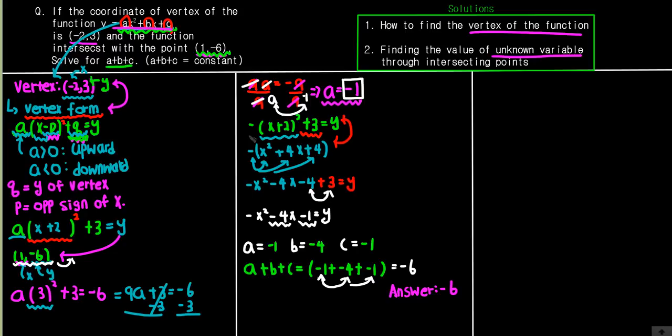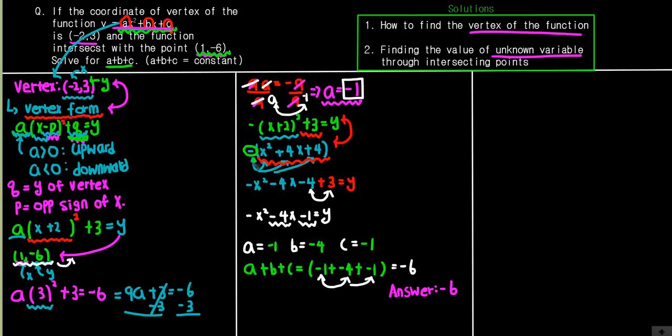And for the vertex form that we figured out, one thing that I did in order to find the value of each variable, which is b and c, is we just expanded these terms. But we need to be careful when you convert this into our basic format of a quadratic function, we need to be careful of the sign.